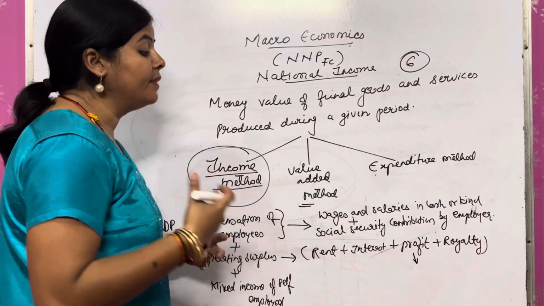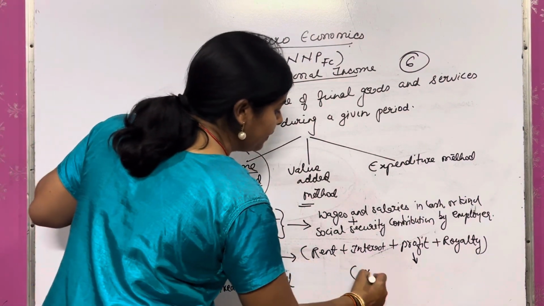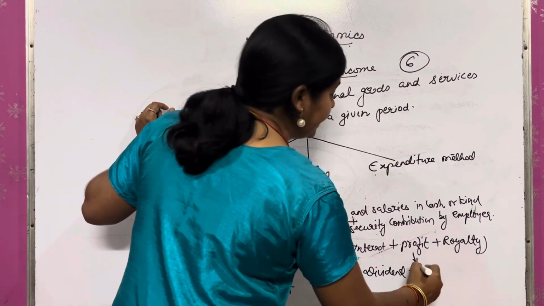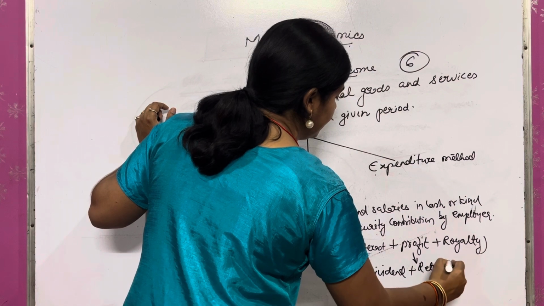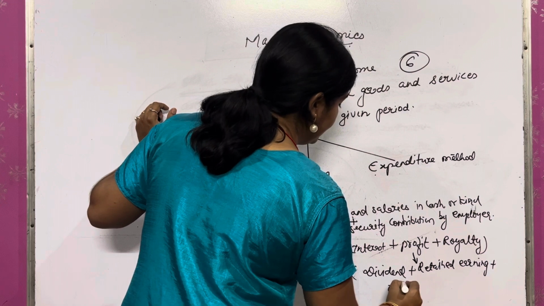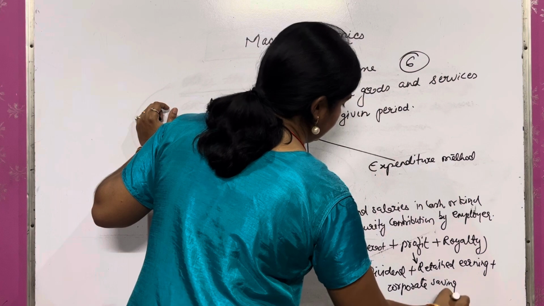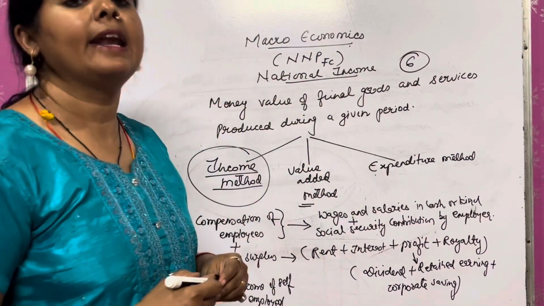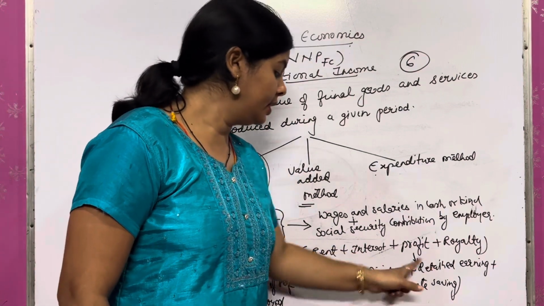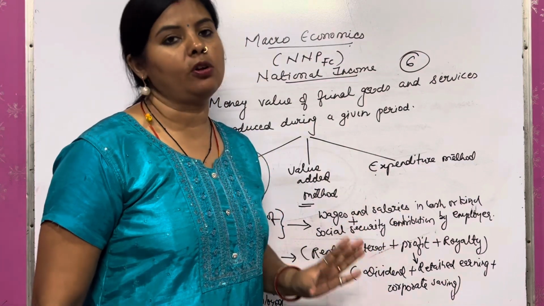Profit is also known as dividend, retained earning, or corporate saving. If profit is not directly mentioned in the question, then dividend, retained earning or corporate saving will be given.